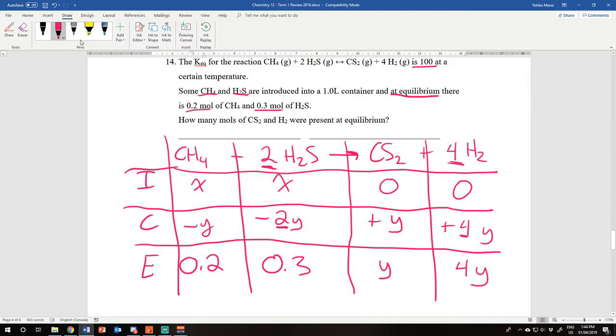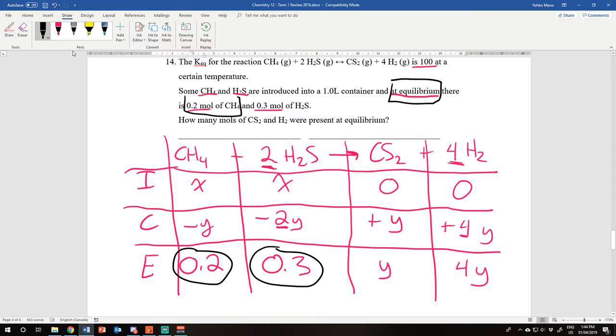Notice that I don't have any variables for these amounts, partly because it tells me at equilibrium I have these amounts. It doesn't matter that I have unknown amounts at the beginning and that they change by some amount, because I know how much I have at equilibrium. That's all that matters.